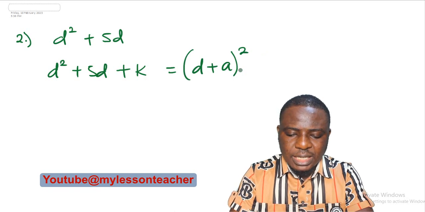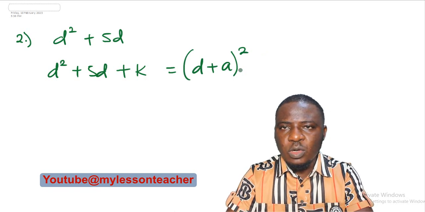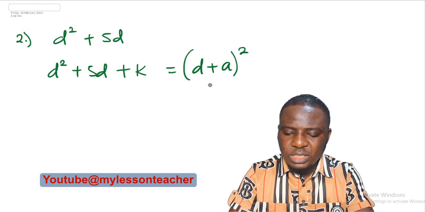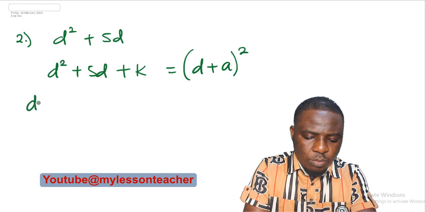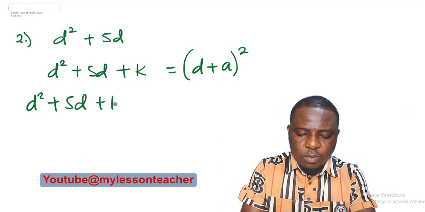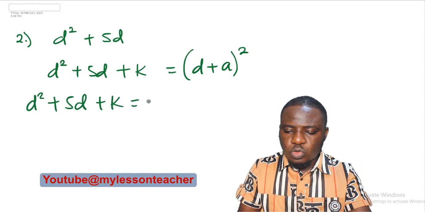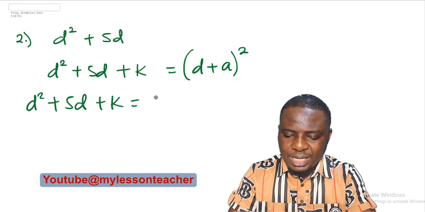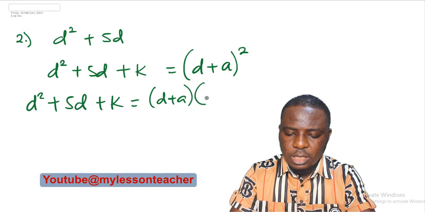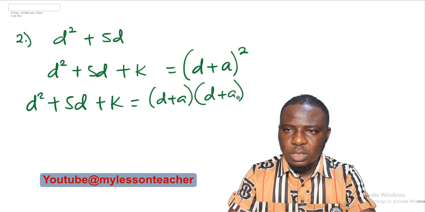So what is k? The value of k is what we are looking for. So I'm going to simplify what I have on the right hand side. This becomes d squared plus 5d plus k to be equal to, you agree with me that this is going to give us d plus a into d plus a. That's what square means. Okay?